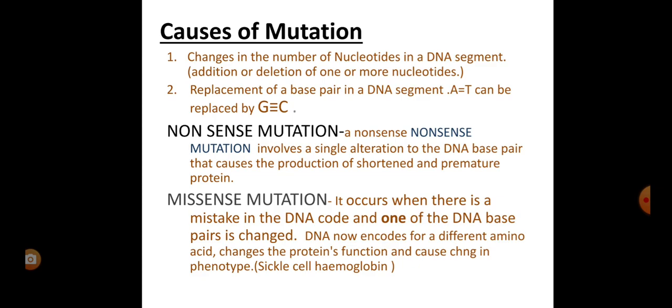If the base pair is changed, then what happens? The DNA sequence now encodes a different amino acid. So there is a change in the protein function and in the function of the gene, and that causes a change in the phenotype. This missense mutation occurs in sickle cell anemia, where the hemoglobin is non-functional.